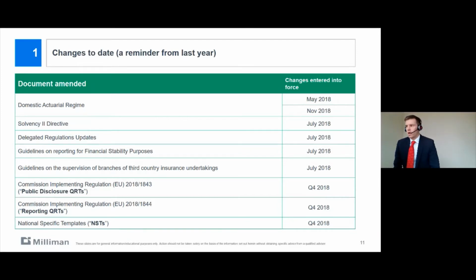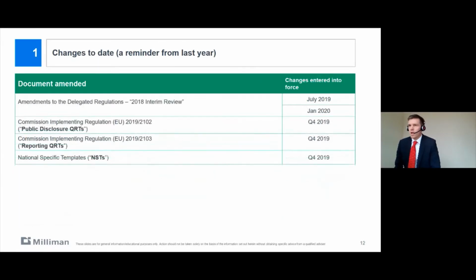We had updates to the financial stability reporting. Pretty much every year end at Q4, we have an update to the QRTs. So there were quite a few changes at that Q4 2018 that went through. And then midway through 2019, we had that interim review of Solvency II, which was the 2018 interim review, but it actually only came into force part of it in 2019, halfway through the year, and part of it on the 1st of January of this year.